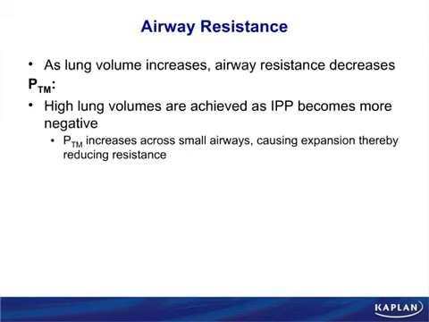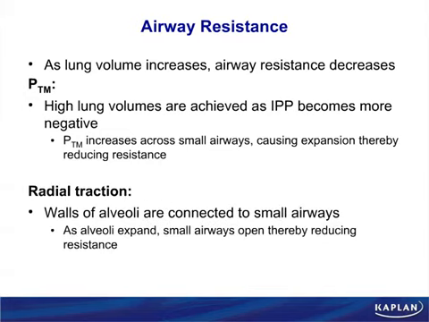This increases the transmural pressure gradient across alveoli, but it also increases it across small airways. Because we have a greater transmural pressure gradient, they expand and resistance falls.